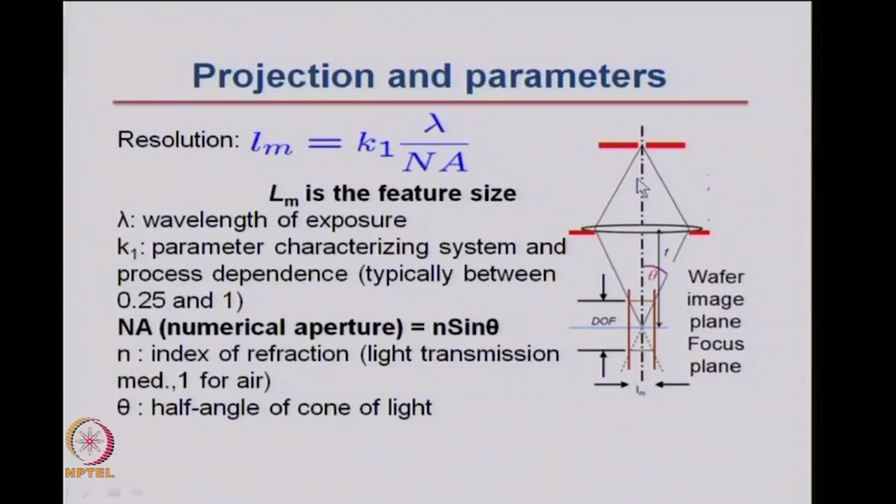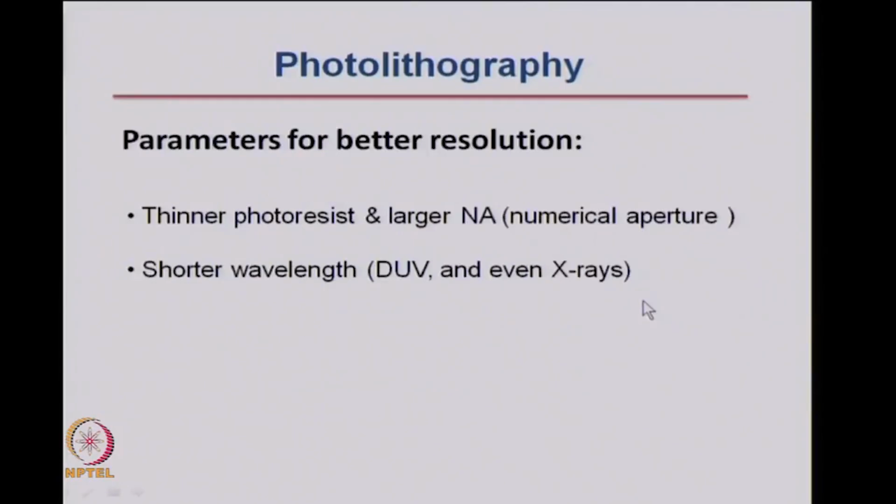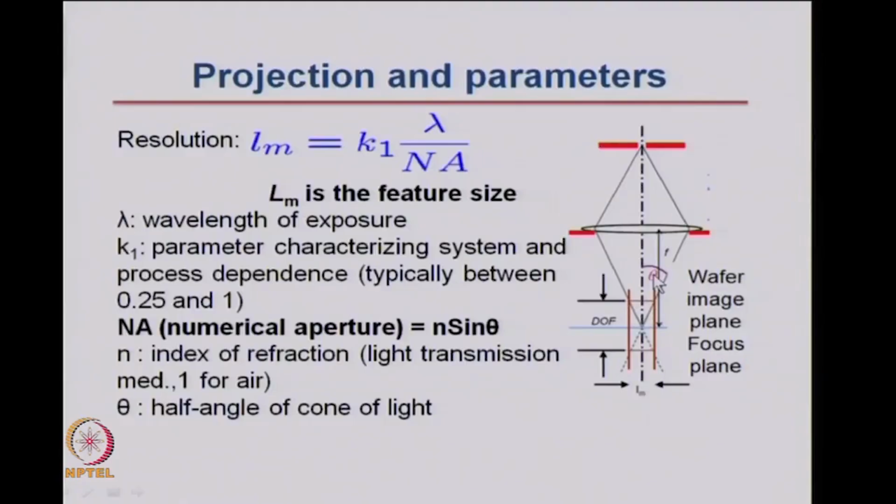Now, these are typical optics for any microscope, either an optical microscope or electron microscope, where you have your source, which may be an optical beam, light rays, or it can be an electron beam, and then you have lenses to focus the beam, and when it is focused, there is this angle, which should actually be discussed as a solid angle, but we are now looking at half of that angle, and that angle theta.